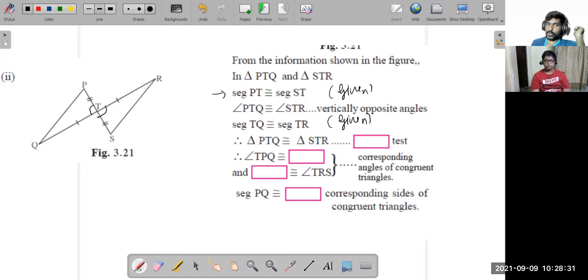This is a side that you proved. This is an angle, and this is again a side. And in which test is the angle between the two sides? In the figure also you can see. Then hypotenuse side? No, for it to be hypotenuse side, it has to be a right angle, but these are not right angles.